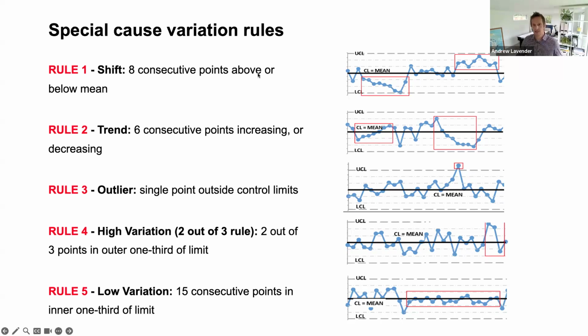For example, a shift is showing a sustained change, so it might be time to recalculate your mean, your center line. But with some of the others, like an outlier, that's just a single event that you're going to resolve, or find out why it happened. You're probably not going to adjust your whole data set based on that. So there are different things you end up doing with these.